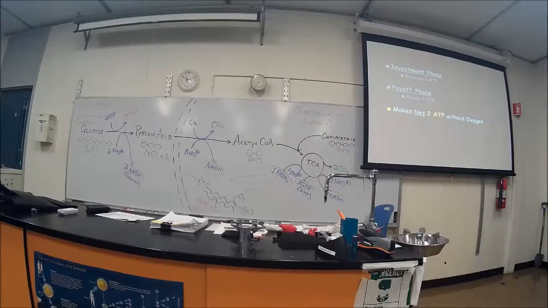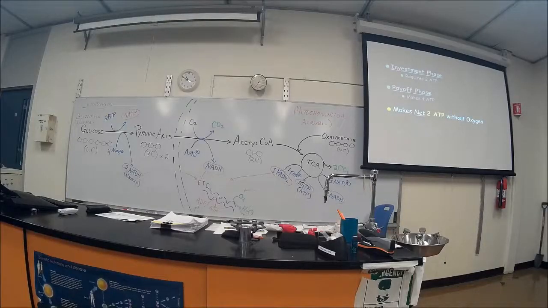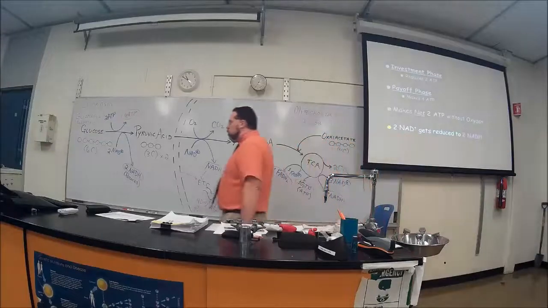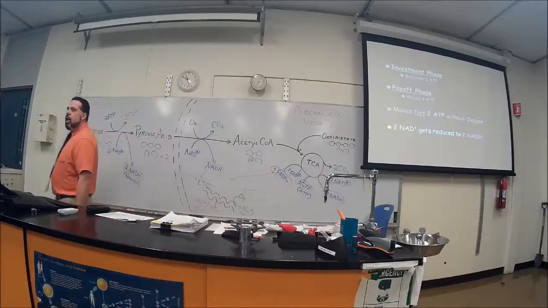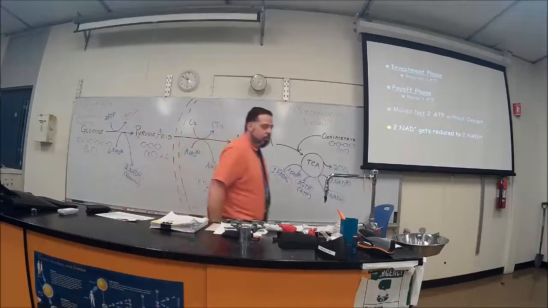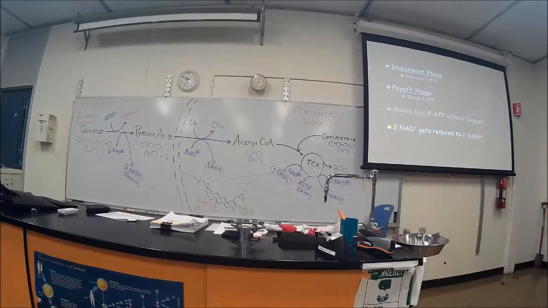You're not going to get very far with that. Hold your breath and find out how long you can last. Hold your breath and run a marathon and see how long you can last, right? Also, 2 NAD pluses get reduced to 2 NADHs, which we will use later if we have oxygen. If not, they'll go right back. We'll talk about that too.